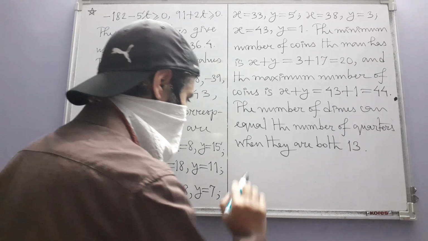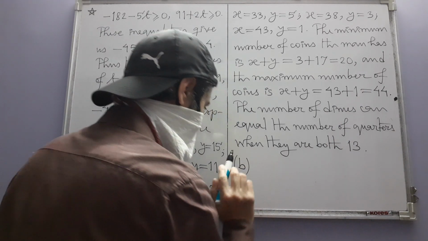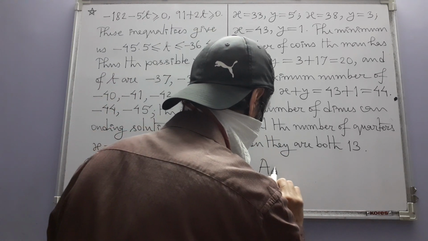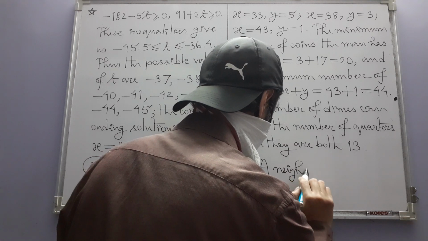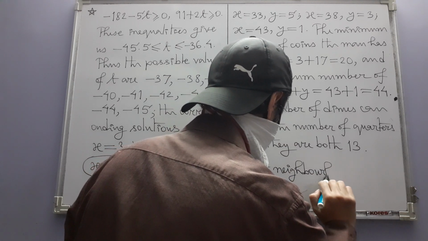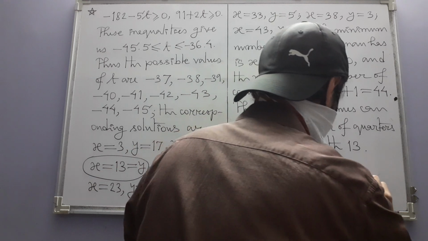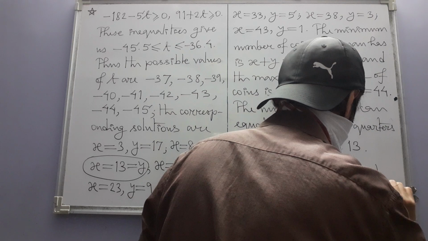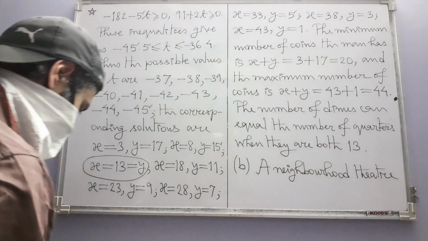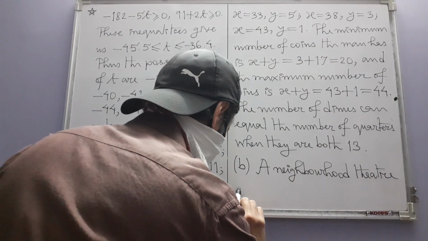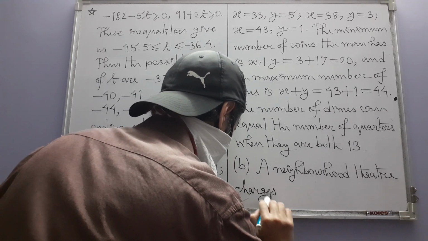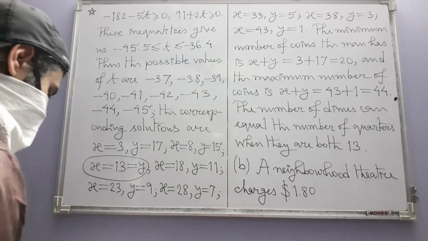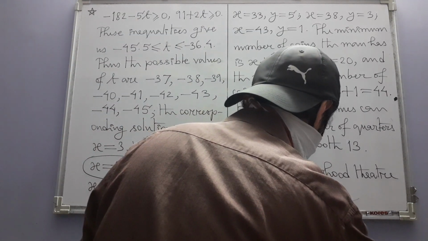Now let us see part B. The part B is this. A neighborhood theater charges $1.80 for adult admissions.